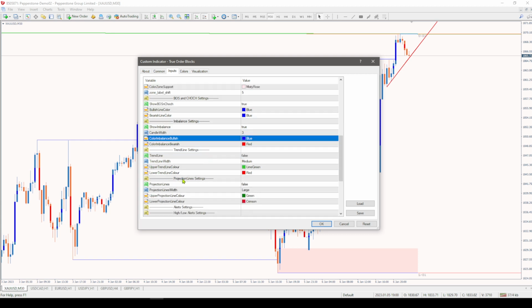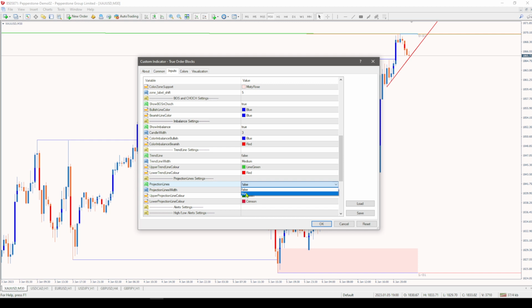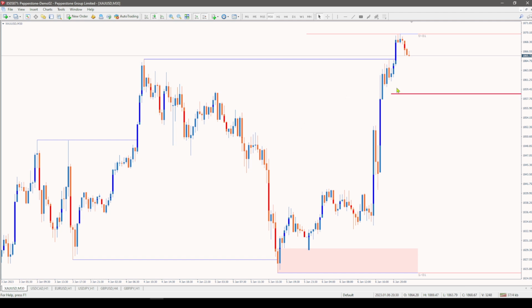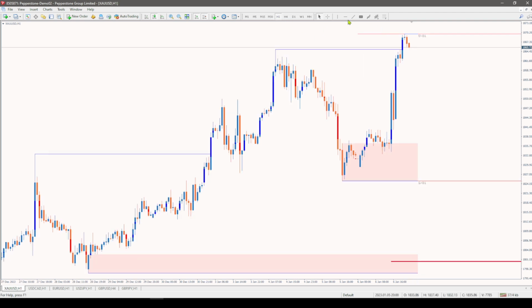Next, projection lines. So what does that mean? Let me show you. As you can see, there are lines. That means if you sell in here, then you can take profit in here. If I go to the 1 hour time frame, look, this is the coolest thing.